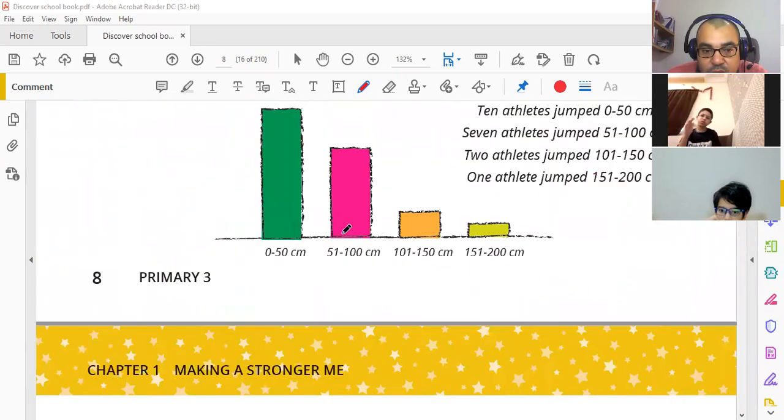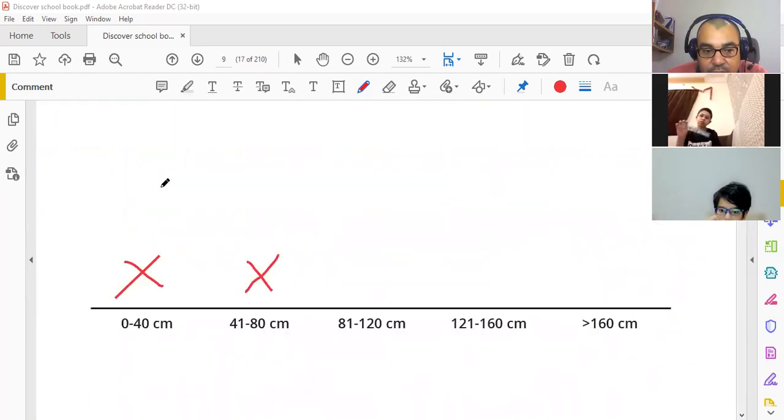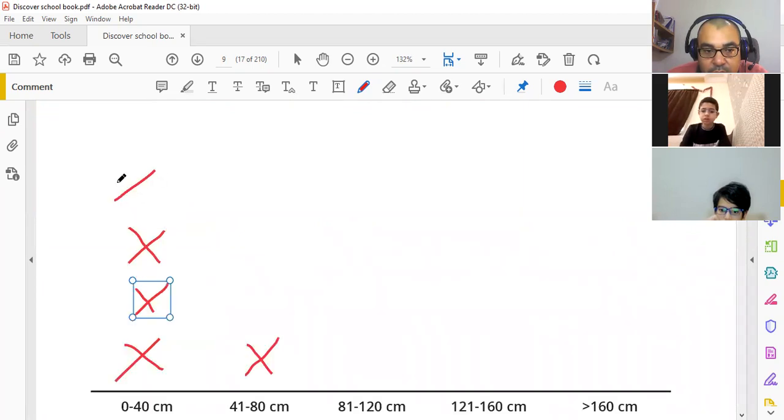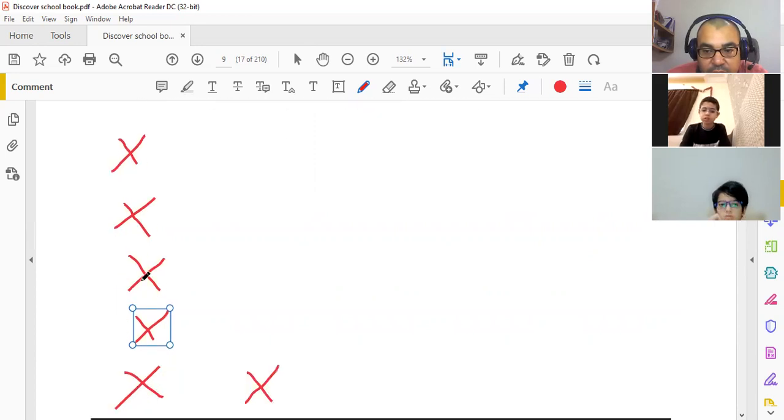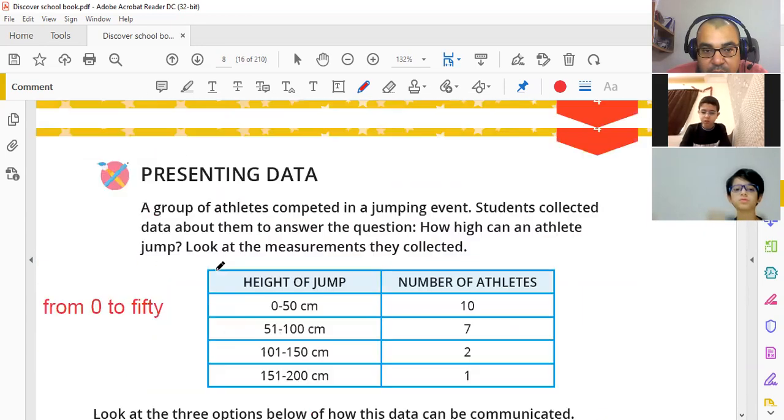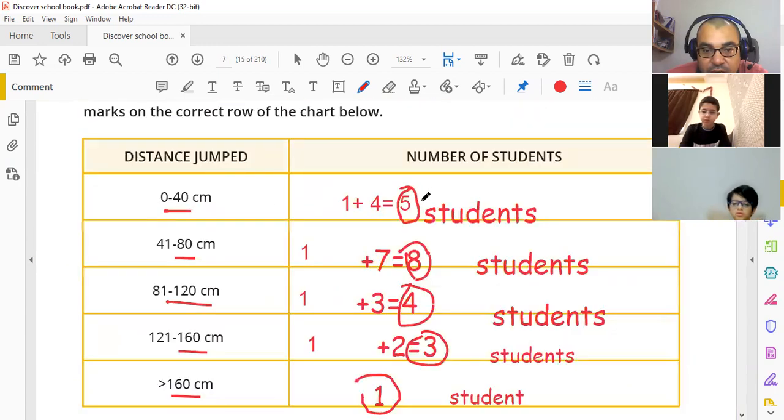So we are going to draw 5 marks. 1, 2, 3, 4, 5. Why do we draw 5 marks here? Because in this table, we have 5 students who can jump for 40 centimeters.